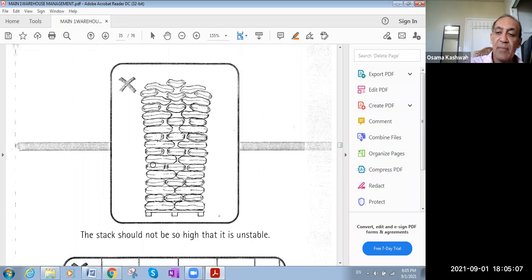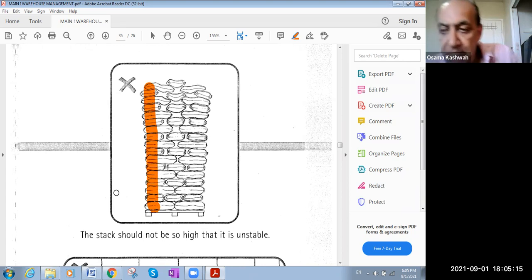Also, sometimes the height of the stack itself is not preferable to be very high. So make sure of this point. Not to be so high that it collapses or falls. Take care of this point.